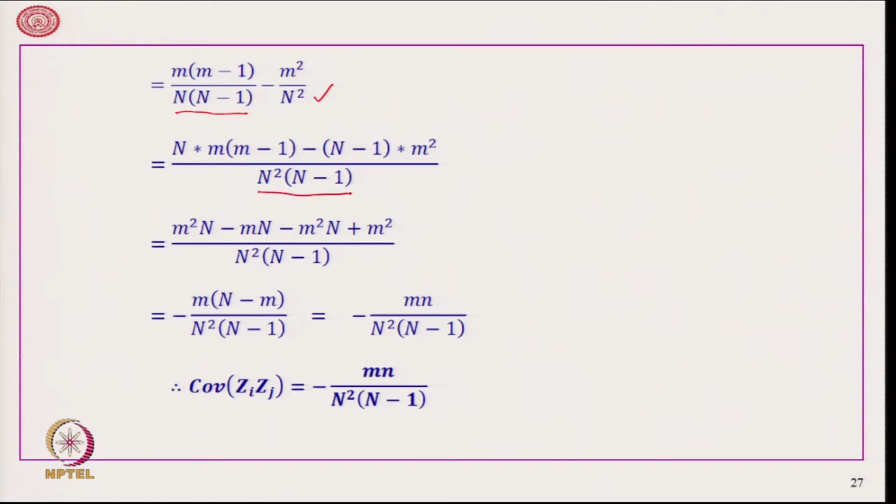Therefore, we get in the denominator n square into n minus 1, numerator is coming out to be n into m minus 1 minus n minus 1 into m square. So, let us again open it. It is m square into capital N minus mn minus m square into capital N plus m square. So, these two cancel out.